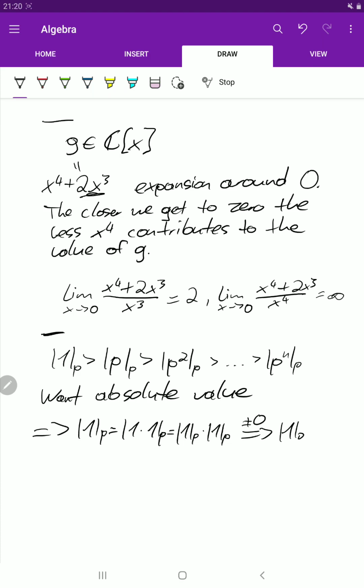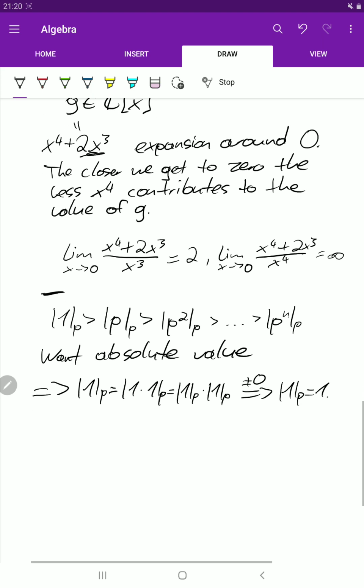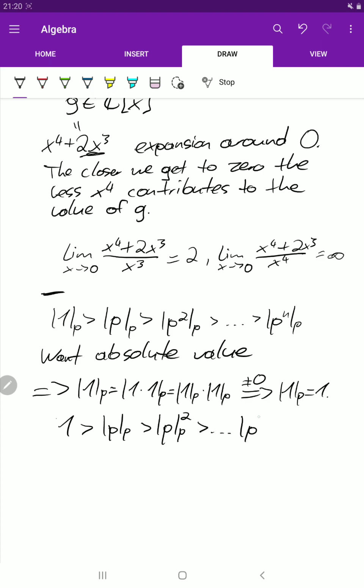So |1|_p is 1, and now I can write the equation above as 1 greater than |p| greater than |p squared|, but now I can take the powers out.